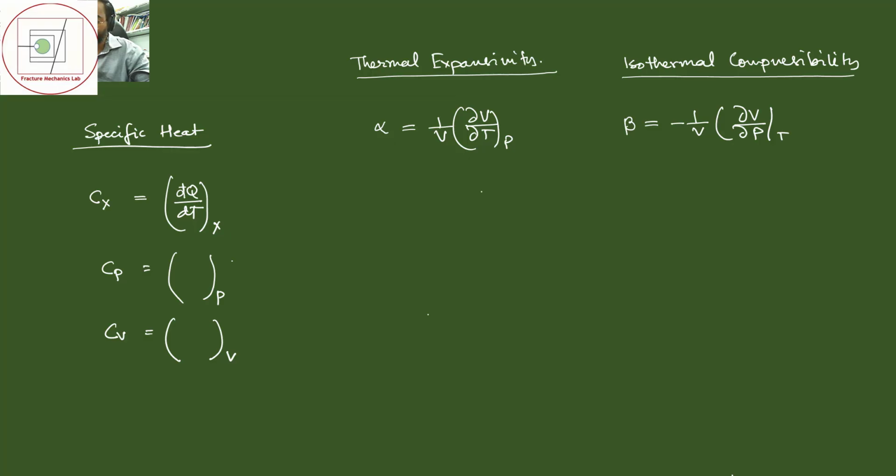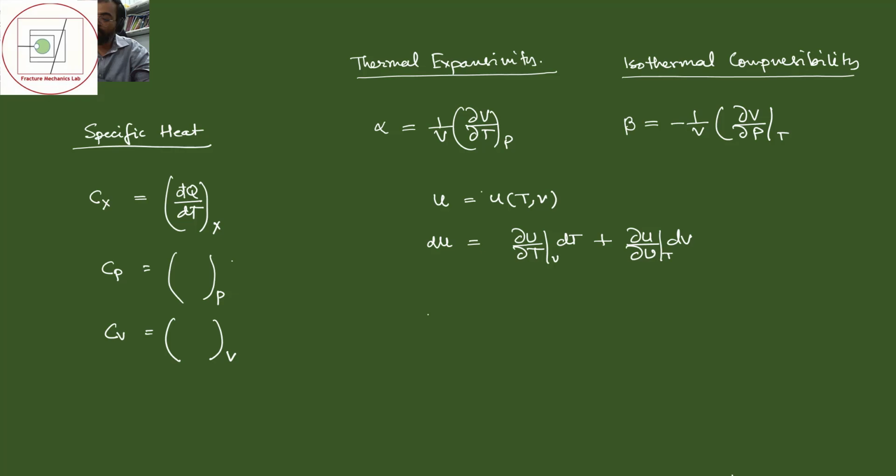in volume. So let us take internal energy U as a function of temperature and volume, and we are free to do that. The change in internal energy can be written by chain rule of differential as del U by del T at constant V dT plus del U by del V at constant T dV.